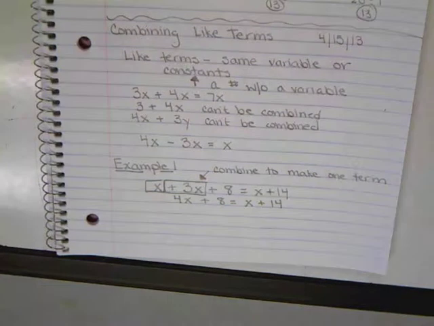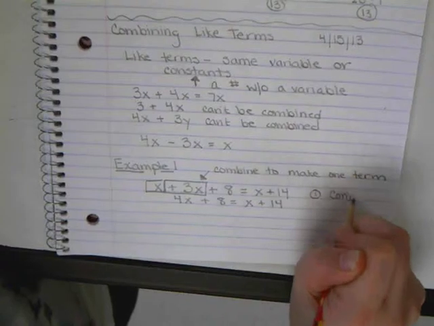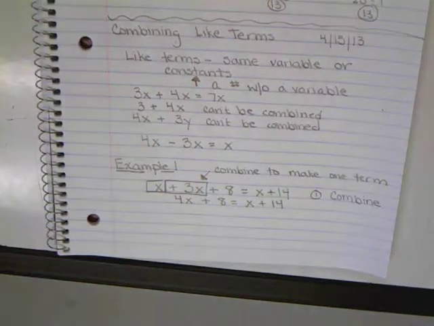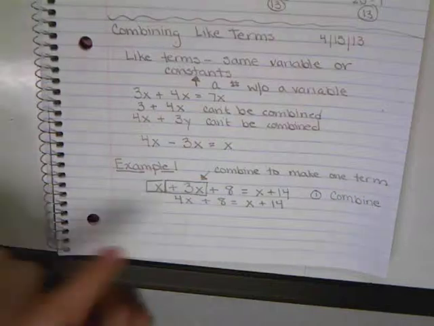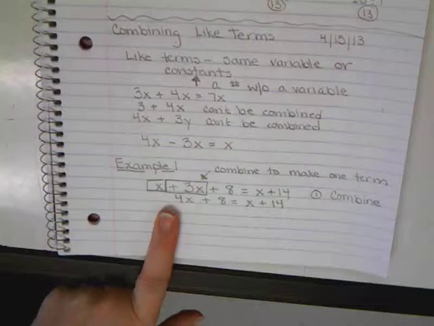Now does this look like a problem that we're used to solving? What's going to be my next step? The first step was we combined. What's my second step? You subtract the x from the right side. Okay, so I'm going to get it so that I only have variables on one side. Could I subtract the 4x if I wanted to? Does it make my problem any easier?